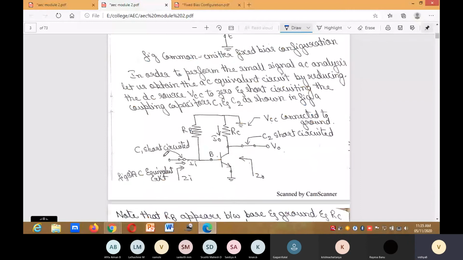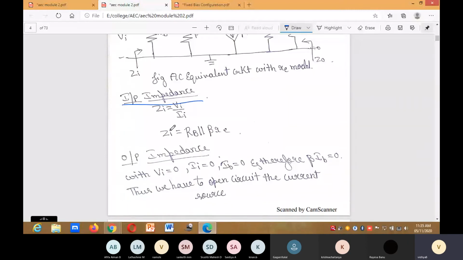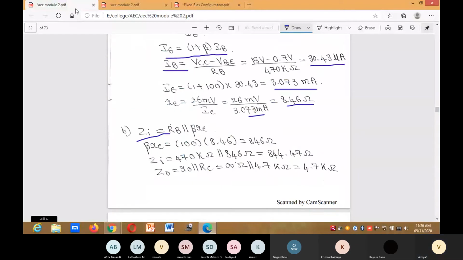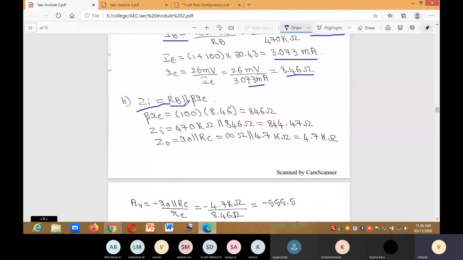When you consider the RE model, the input impedance formula is RB parallel beta RE. Beta RE value is 846 ohm. RB value is 470 kilo ohm and beta RE value is 846 ohm. When you take the parallel, you'll get Zi as 844.47 ohm.